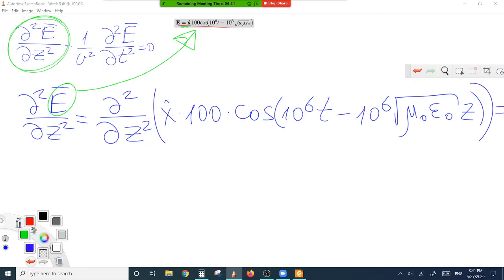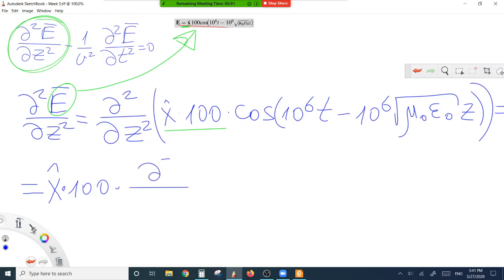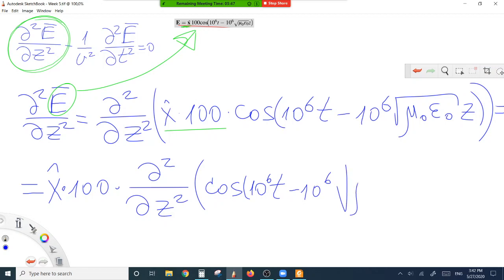Okay, x multiplied by 100 is a coefficient. That's why we may take this out of the derivative. x multiplied by 100 multiplied by d squared over dz squared of cosine 10 to the 6 t minus 10 to the 6 square root of mu 0 epsilon 0 z.